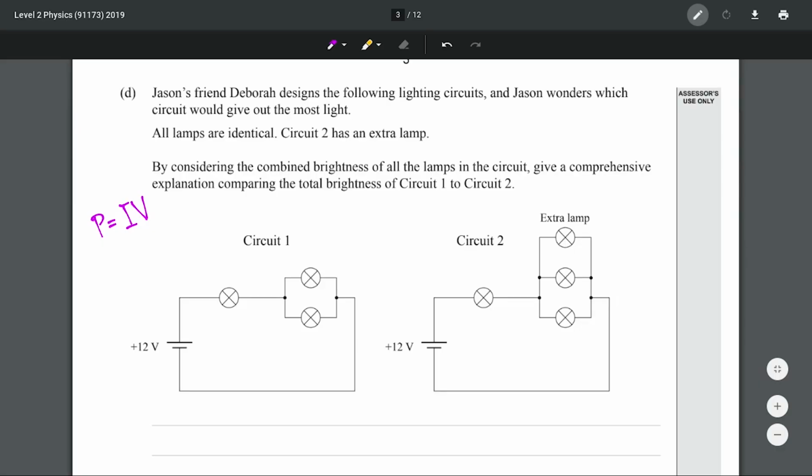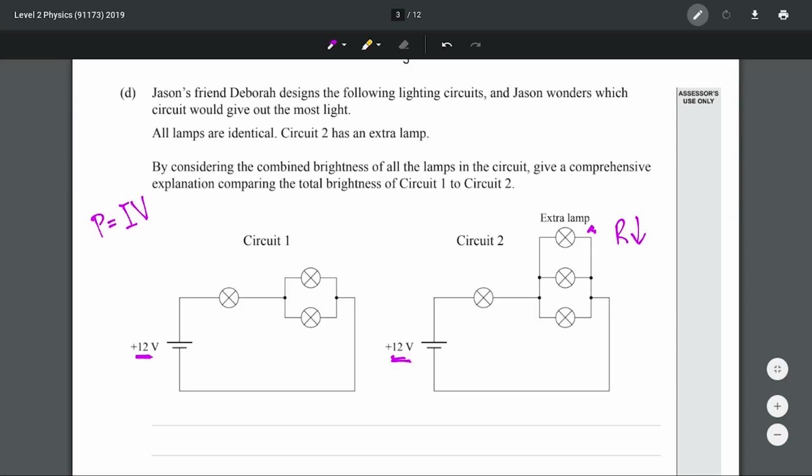And so the voltage for each circuit remains the same. But by adding an extra lamp here, we're adding an extra pathway for the current to travel. And that extra pathway, in a sense, reduces congestion, if you want to think of it that way. And so we actually decrease the resistance by adding this extra lamp.